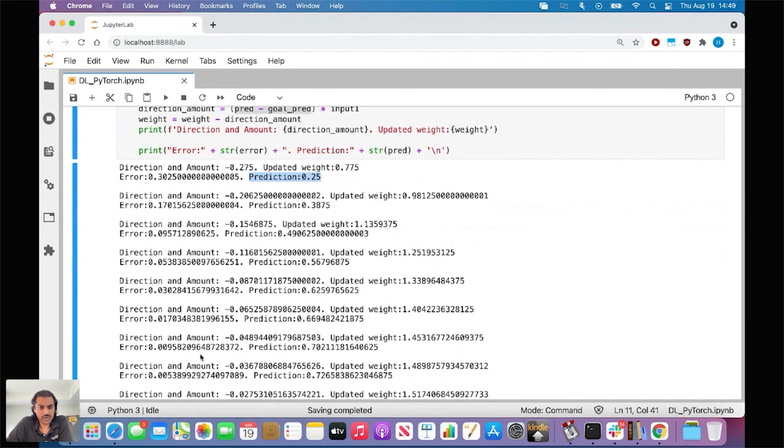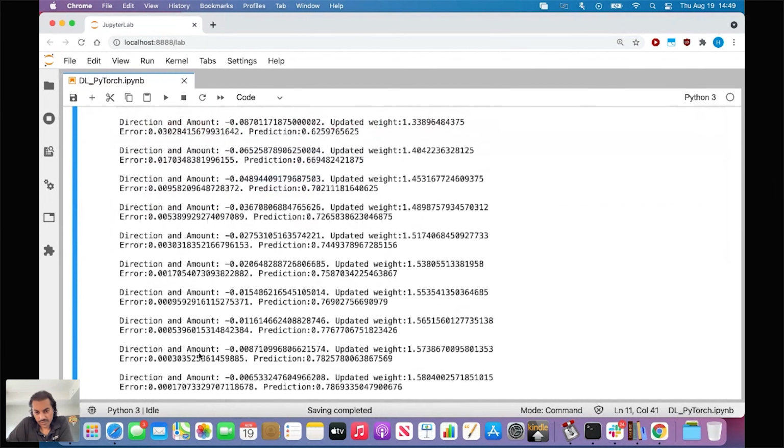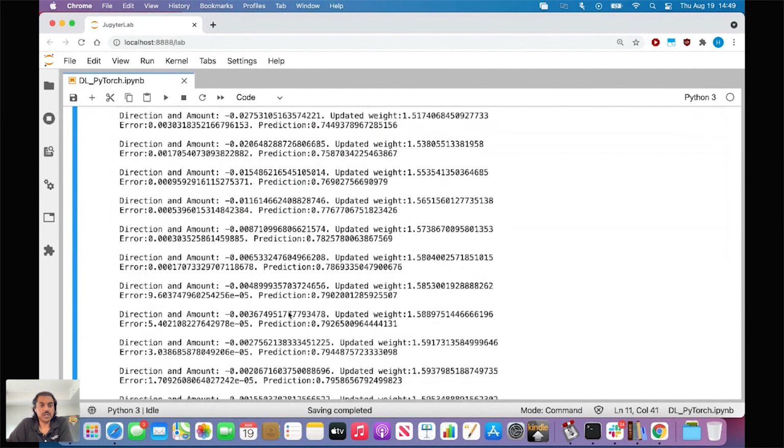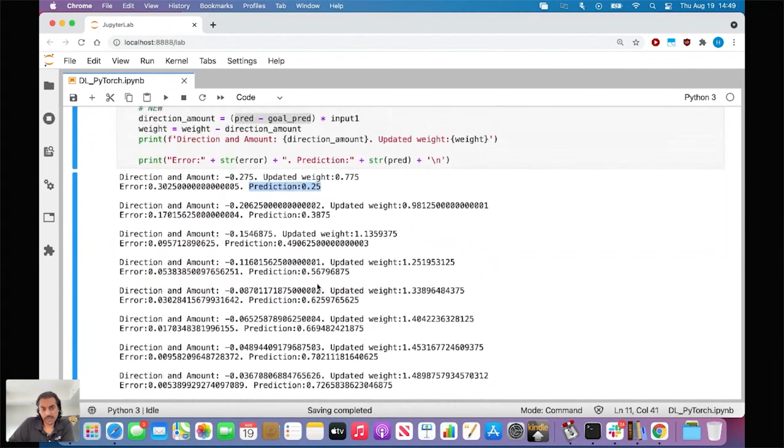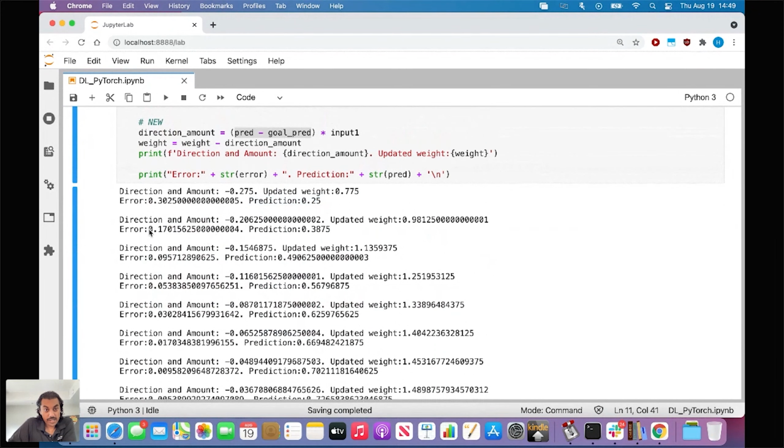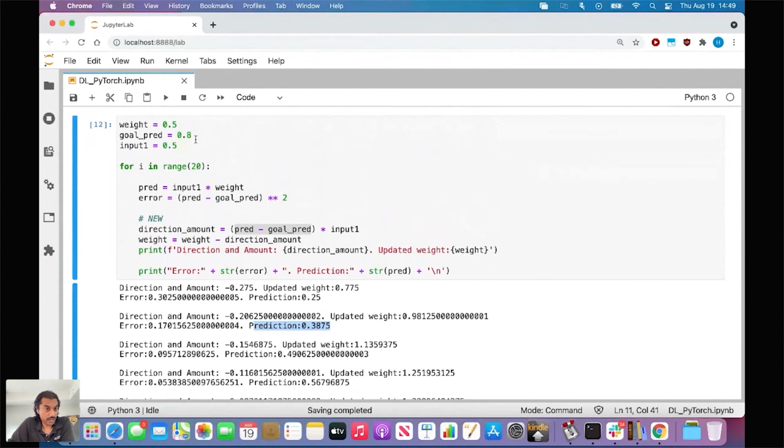It's very much arbitrary. I don't know why I picked 20, but I got closer and closer. With just this simple formula right here, my error is decreasing and my prediction is getting better. We started at 0.25, and our goal is 0.8.